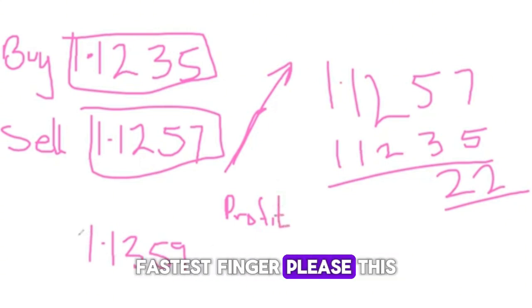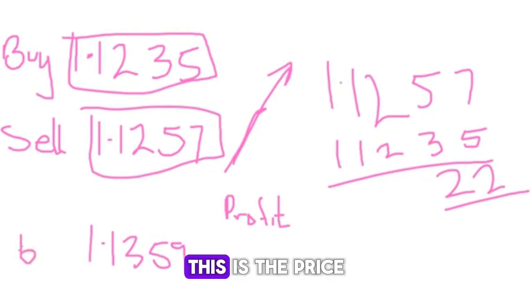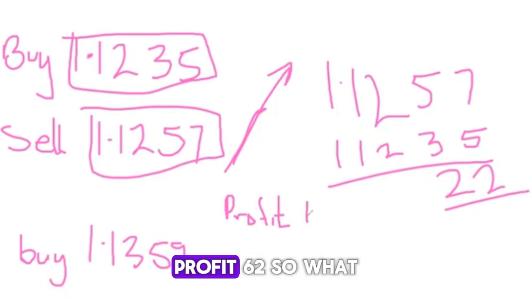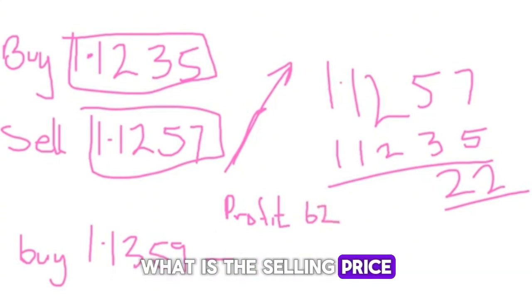Fastest finger, please. This is the price that I bought, 1.1359, and I made 62 pips profit. So what is the selling price?